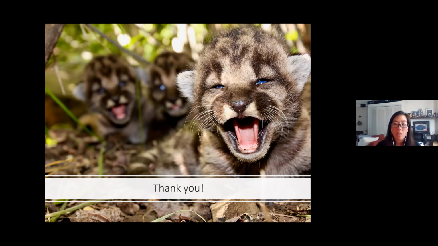That crossing is wildlife only, and the target is mountain lions, but also bobcats and coyotes in that area. And so that's been in the works for a little bit. Scientists have been studying those areas to see where the best spot is, or multiple spots, to facilitate that animal movement. But again, I totally agree. I think we need more.